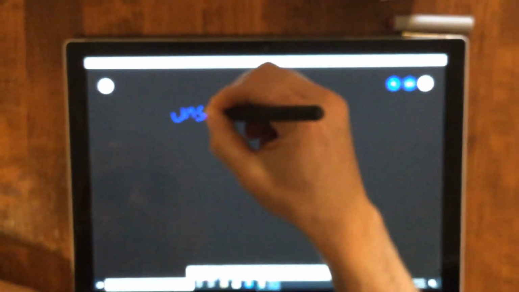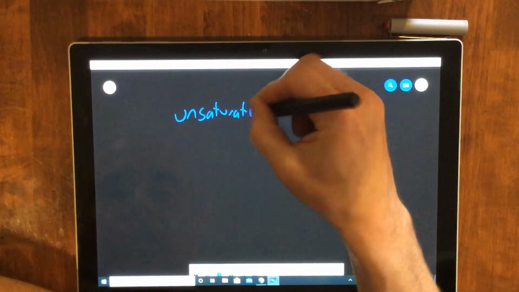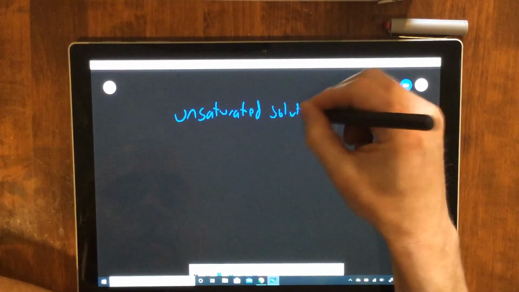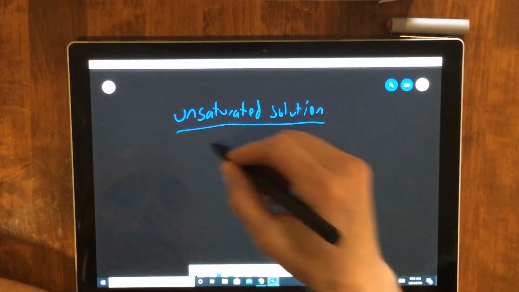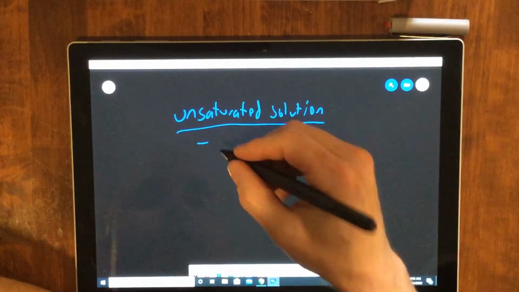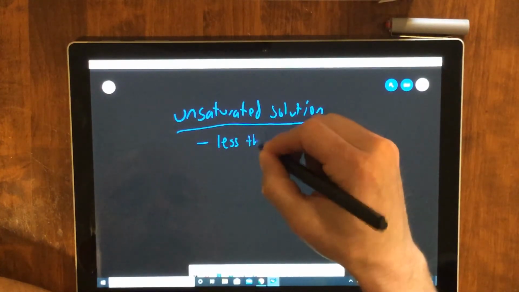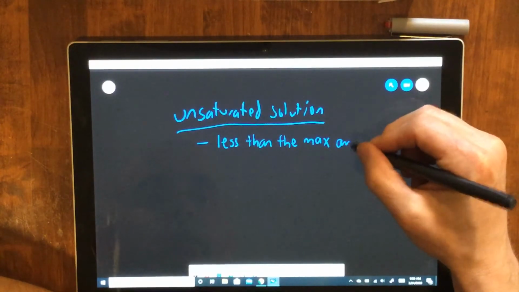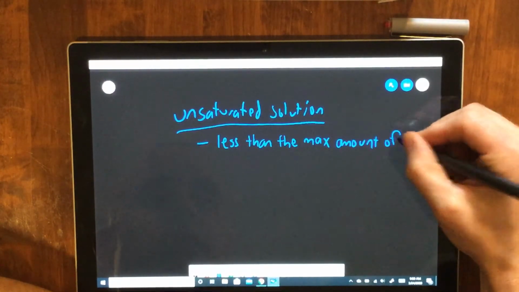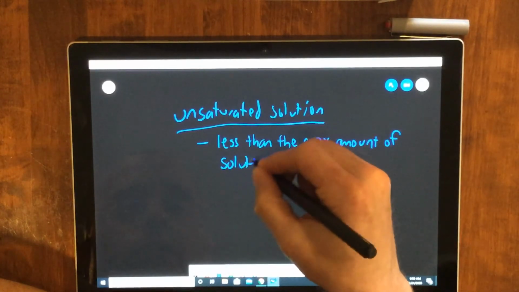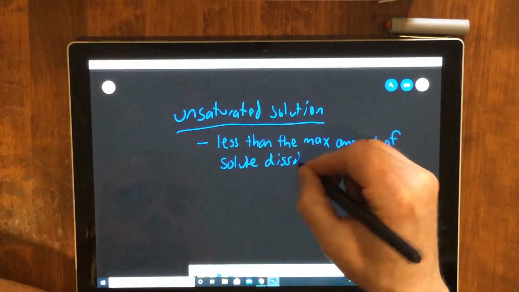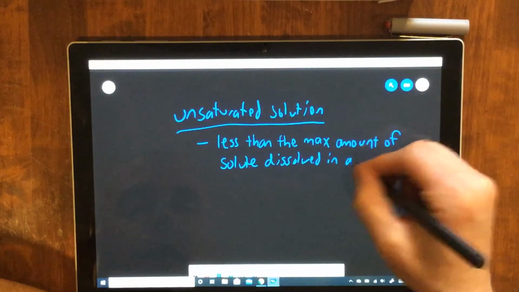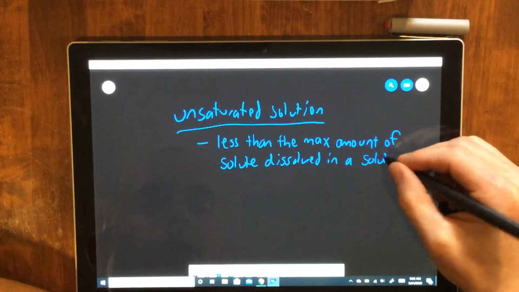Unsaturated solution. And what is that? It's when you have less than the max amount of solute dissolved in a solution.